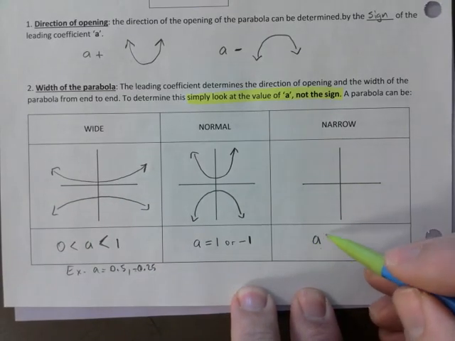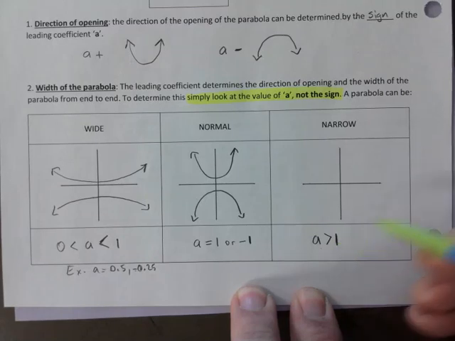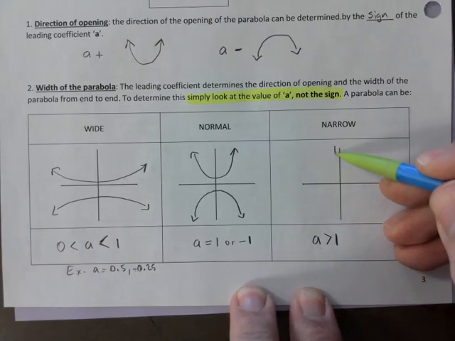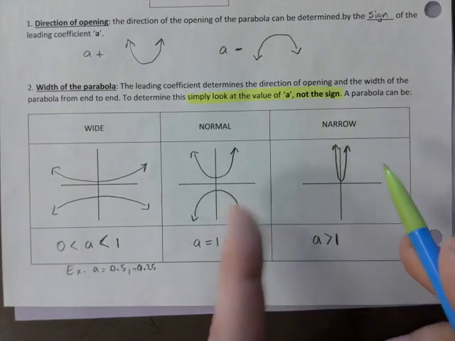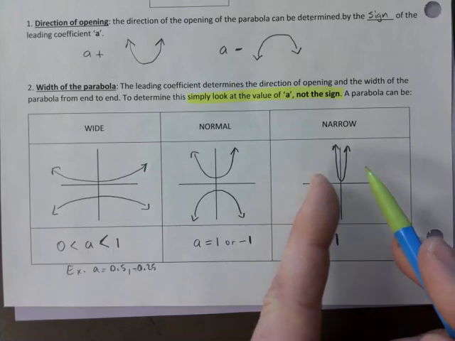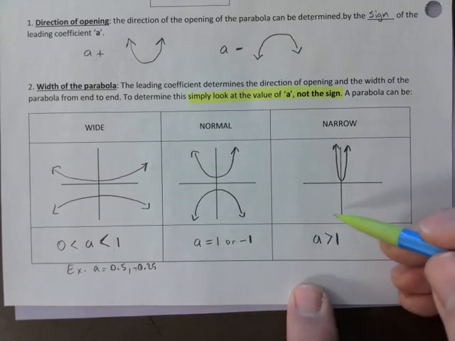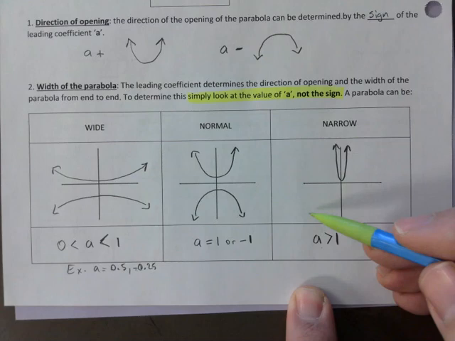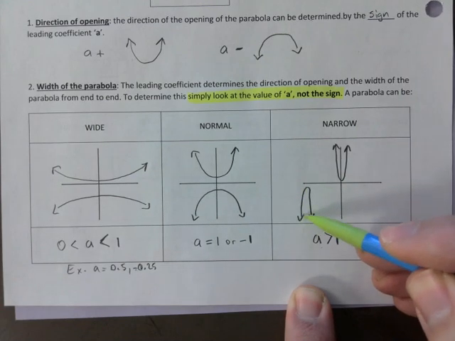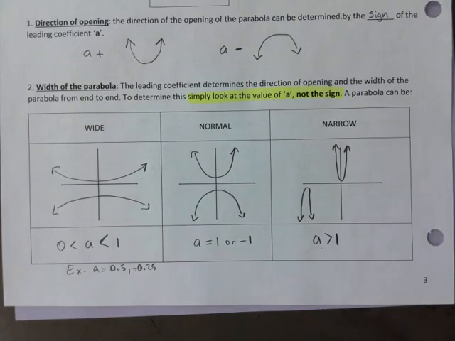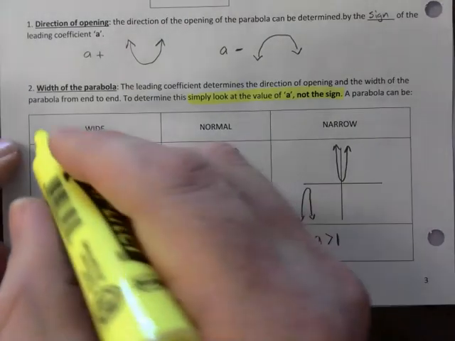Narrow, if A is greater than 1, you have a narrow one, so you can actually make it very obvious that it's going to really become narrow and fold in like that. And it doesn't have to always be close to the y-axis. It could also be like this, off to the side, but it's narrow. Okay. Have that also on your study sheet.